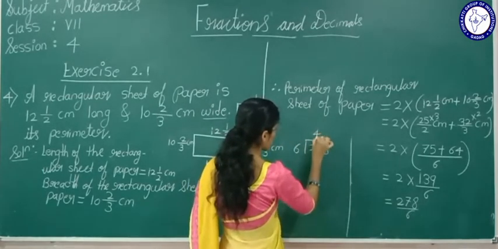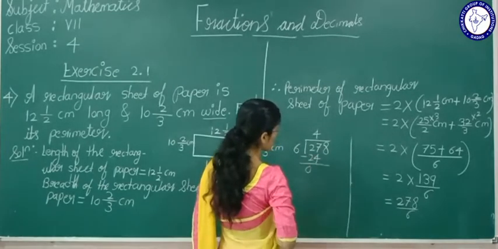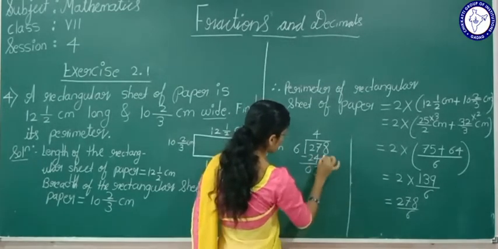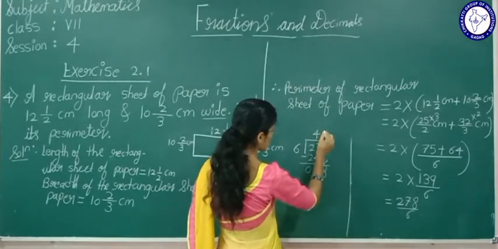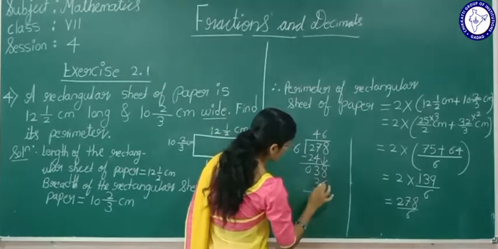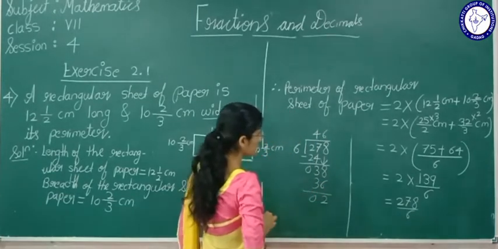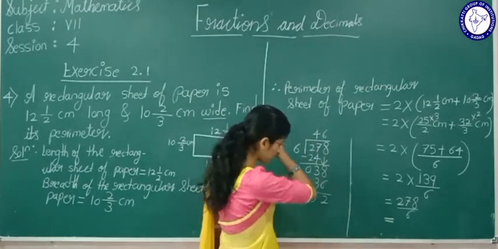6 4s are 24. 7 minus 4 is 3. Take here 8. 6 7s are 42, 6 6s are 36, 8 minus 6 is 2. So what is the answer? Keep it in a mixed fraction now.